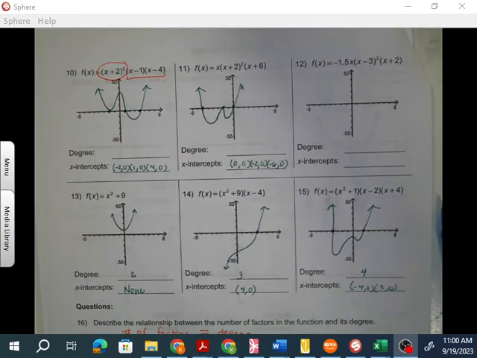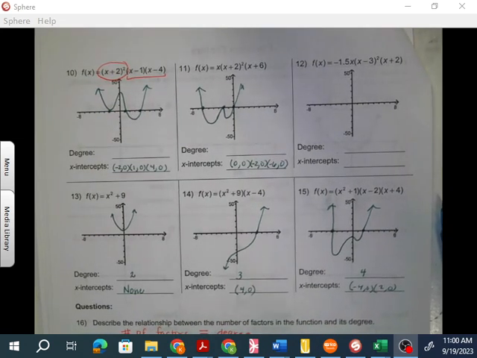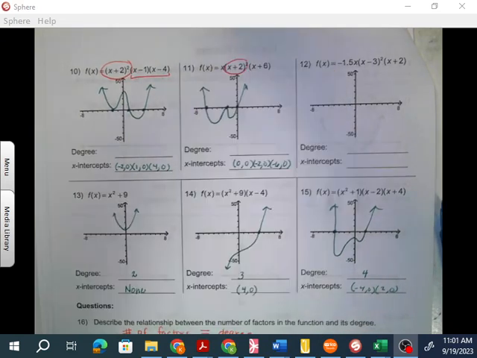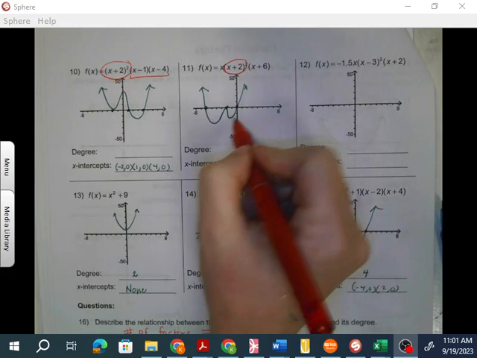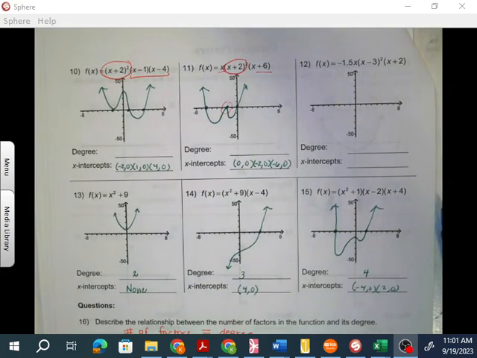There's a dip at the 2. Yeah, exactly. That's exactly right. So she said there's a dip. We call them bounces because it's like the x-axis is a trampoline, and when it hits at that spot, it bounces back. So you can look at the same thing here, right? This one at x plus 2 would be at negative 2 on the graph. It bounces at negative 2. The others just pass straight through. Does that make sense?